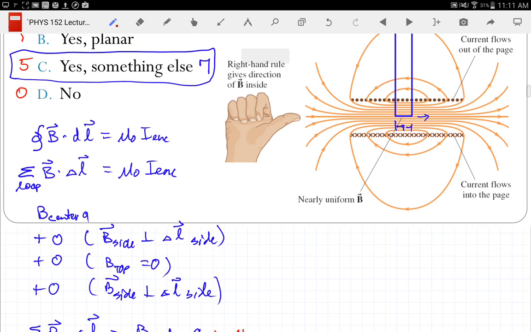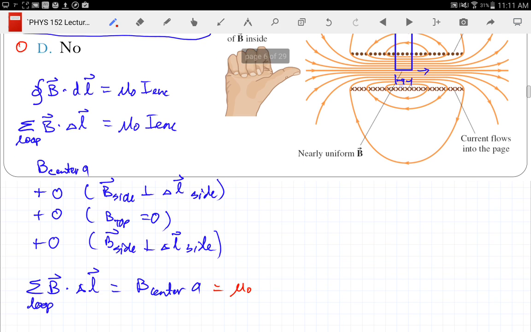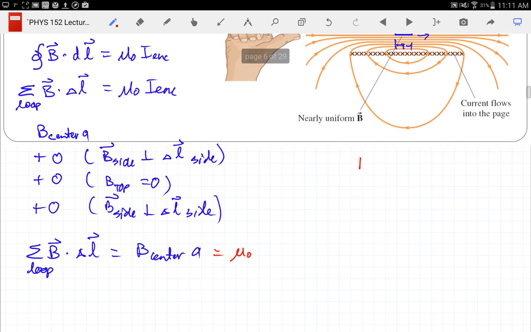Now the current enclosed is actually the trickier part of this, because I have multiple wires enclosed. The number of wires enclosed is going to depend on how big I made that A. And so what we do is we just use the total number of loops divided by the total length of my coil.